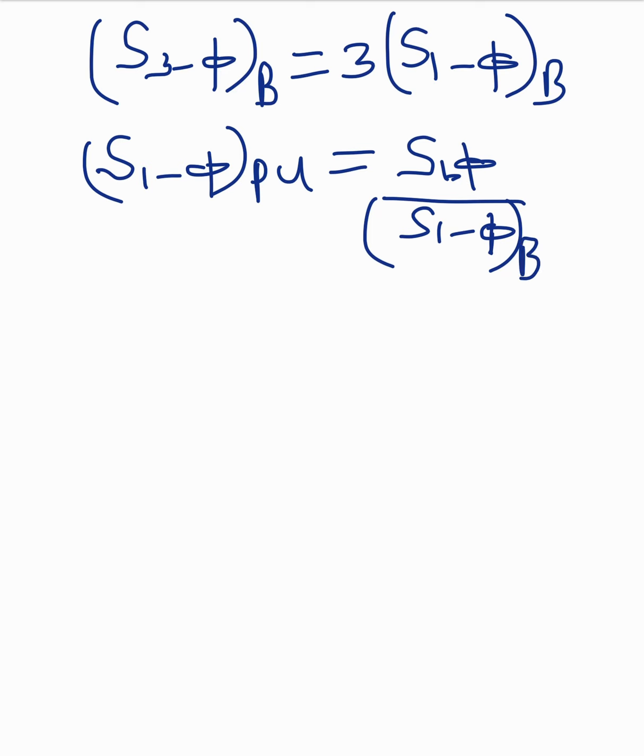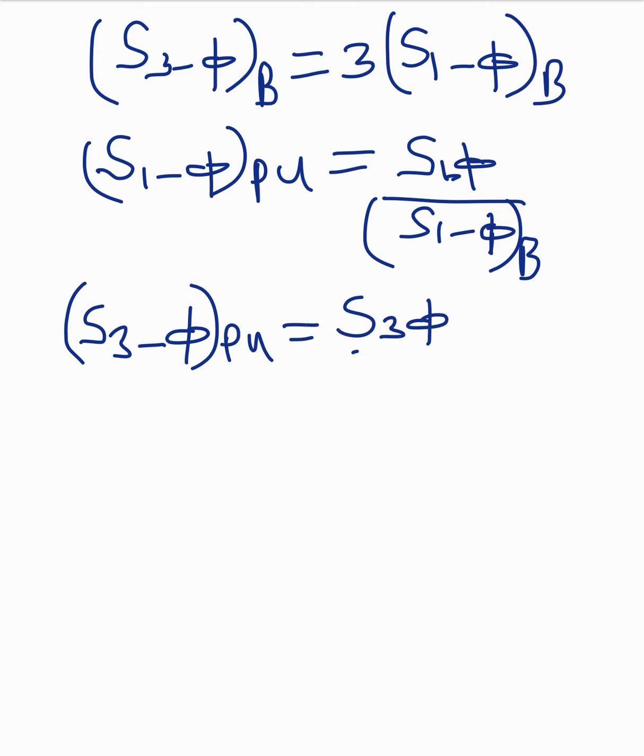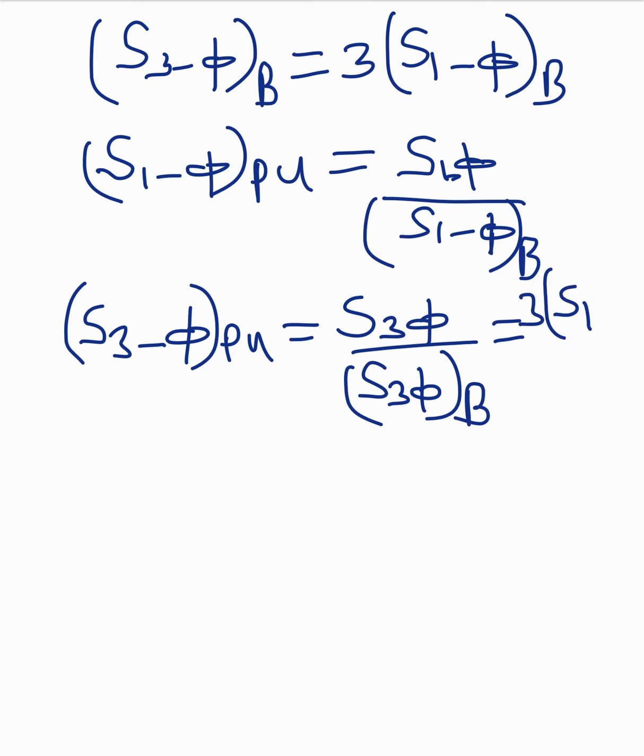Now come to the 3 phase. What is that? S of 3 phase per unit is equal to S of 3 phase upon S of 3 phase base value. So we can write like this: 3 of S of single phase upon 3 of S of single phase base.